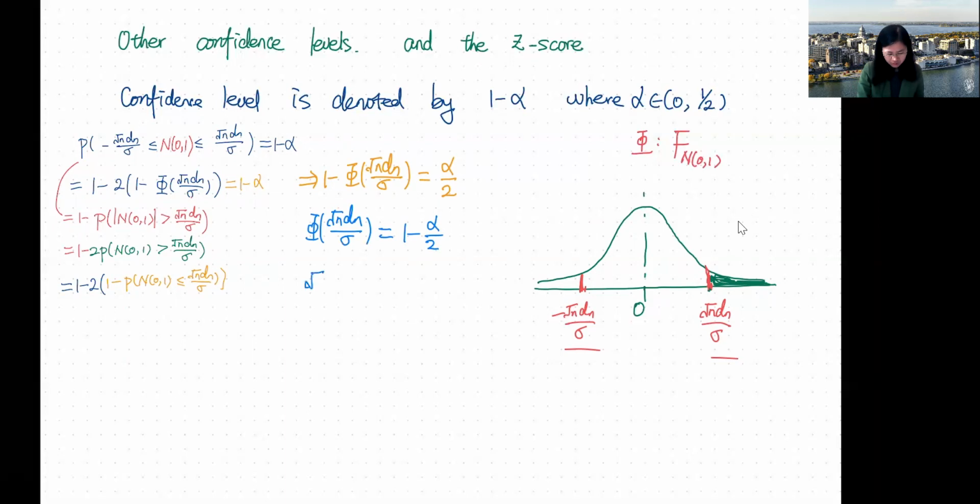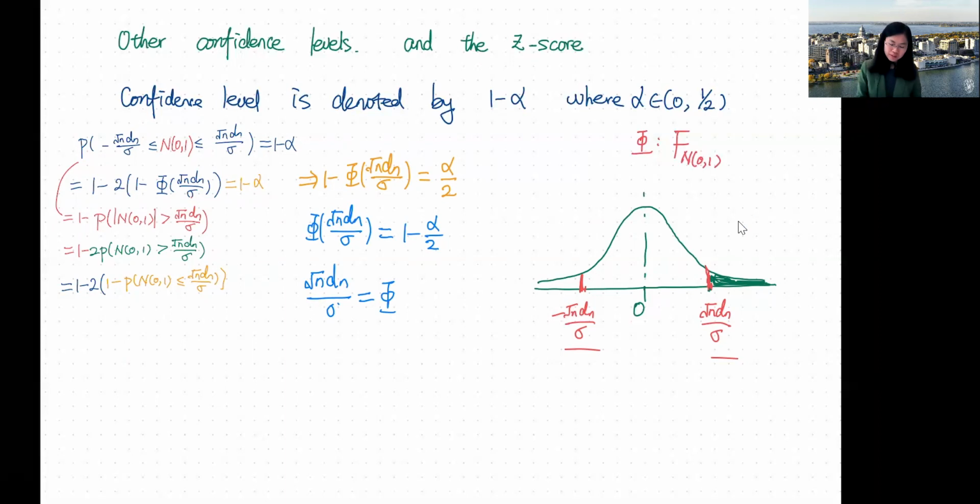Or in other words, root n dn over sigma should be equal to the inverse of the standard normal CDF. The standard normal has positive density everywhere. The probability density function is the derivative of the CDF. If the derivative is positive everywhere, that means the CDF is strictly increasing everywhere.